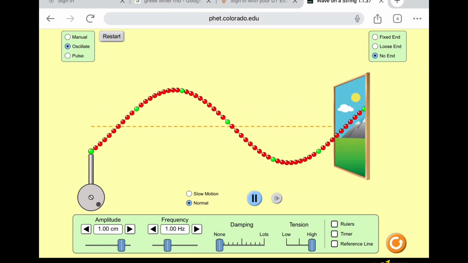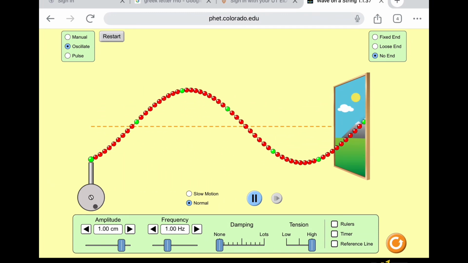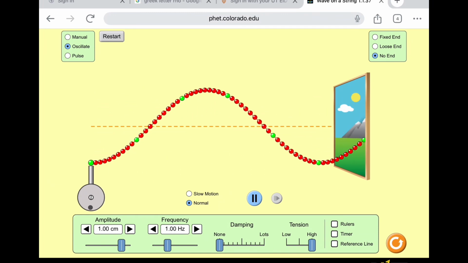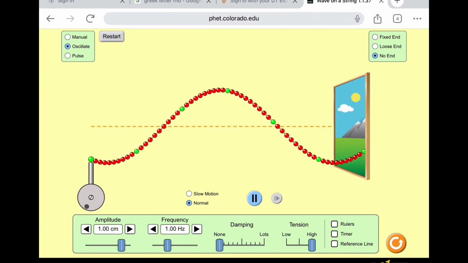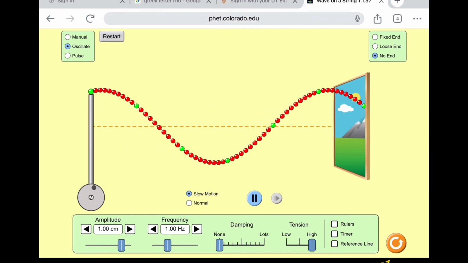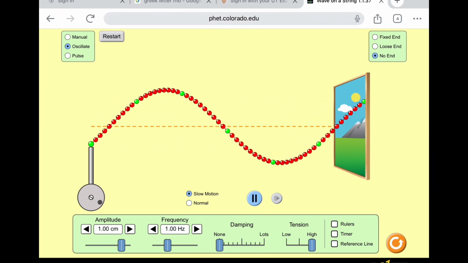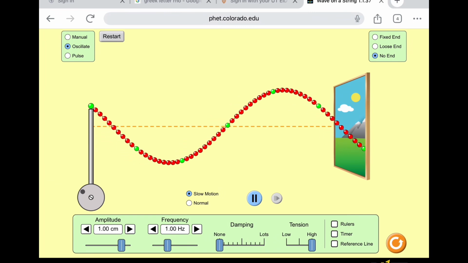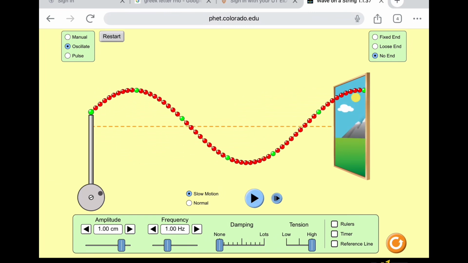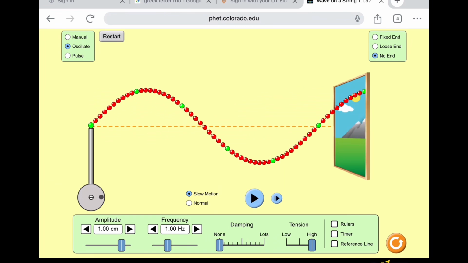So now I'm going to pause it and then increase the frequency to 2 hertz, 2 cycles per second. So take a look at the wave, how it looks like. And now let's see what happens when we increase the frequency to 2 hertz.